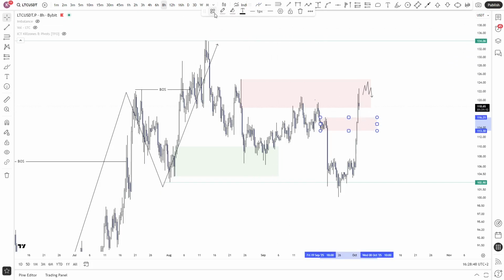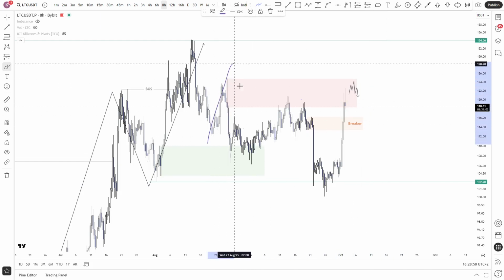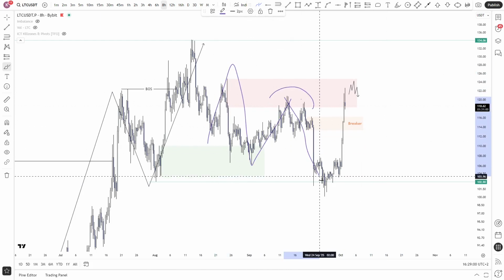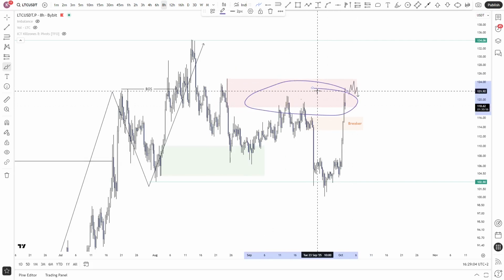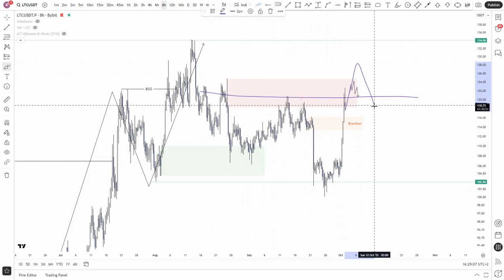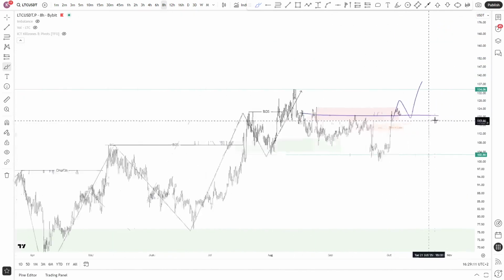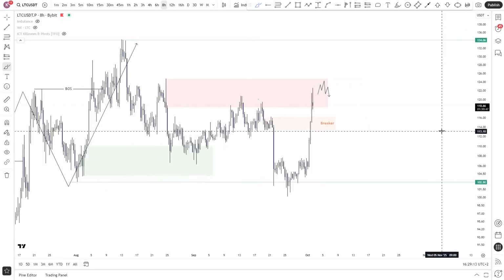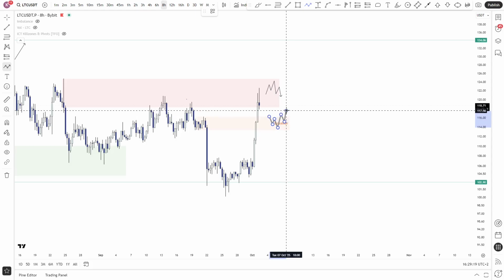This is also called a breaker, and it makes sense that we're getting rejection from here because this supply brought us previously towards new lows, so this is going to be a struggle point. If we do manage to gain this supply, then I am expecting price to trade towards that liquidity there. That's nowhere near the case. So a point of interest to possibly look for longs is going to be this breaker here.